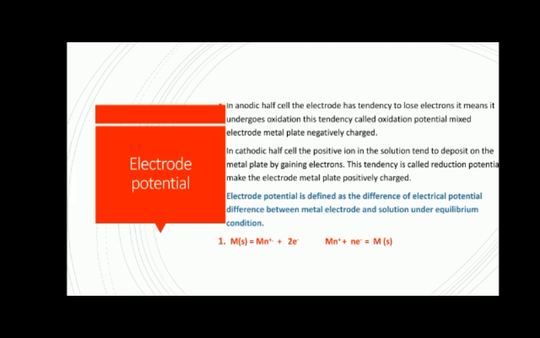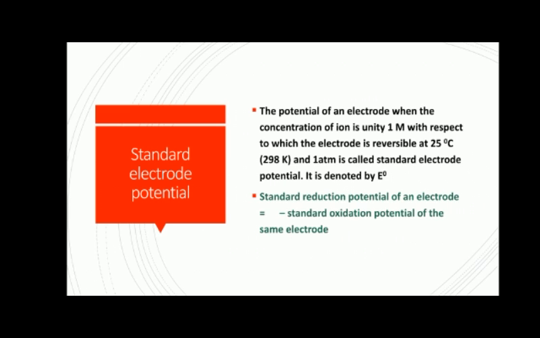In the reactions you can see, the first is M, representing metal, converting into M n+ by the loss of electrons. In the other case, M n+, the metal cation, is gaining electrons and converting into solid metal. Now standard electrode potential.